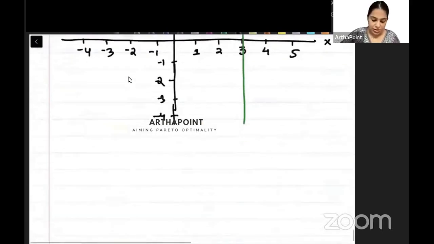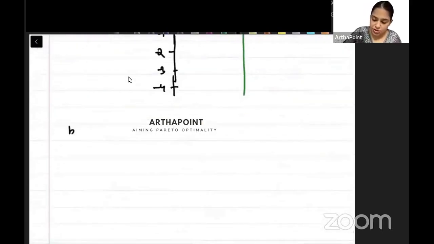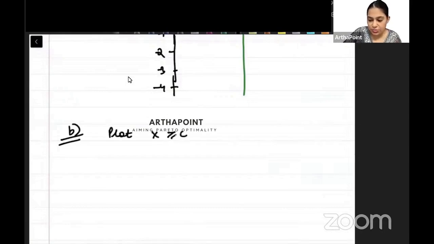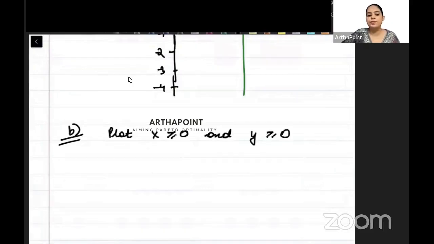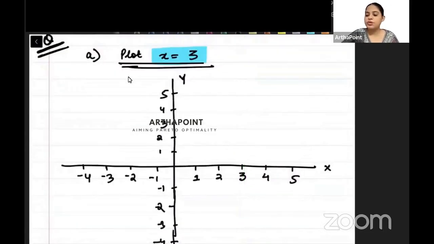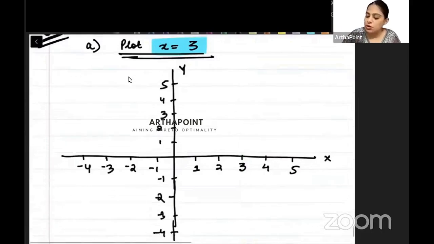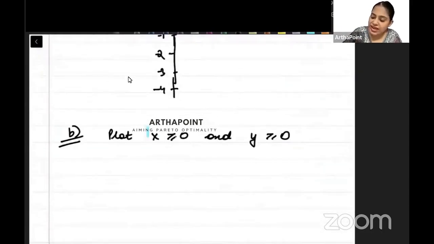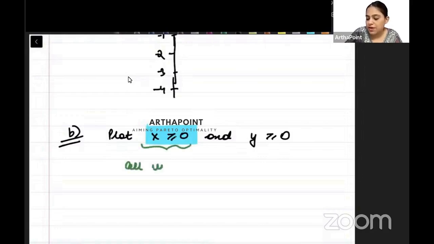Okay? Okay. Example, question number 2, beta. It says plot x greater than equal to 0 and y greater than equal to 0. I will draw it in this graph only, beta. I am keeping the coordinate plane common. Now, it says plot x greater than equal to 0, meaning all values of x 0 and above.